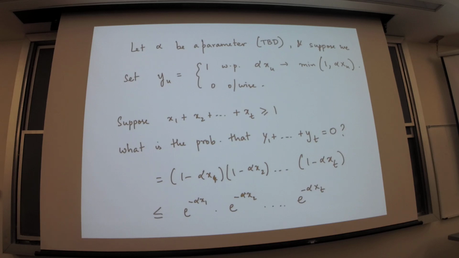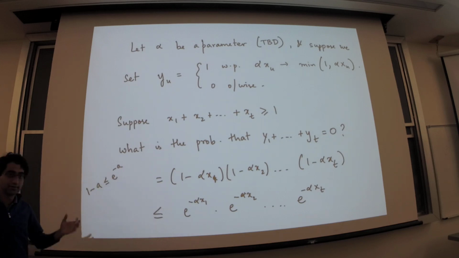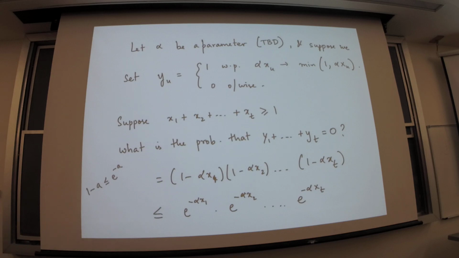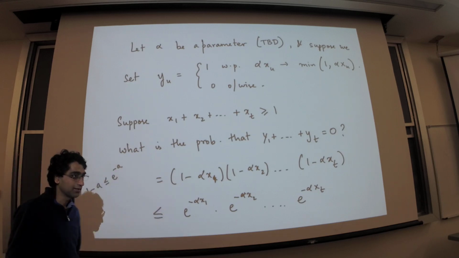This follows because 1 minus a is always less than or equal to e to the minus a. This is an inequality that we will always keep using. It's true for all a, positive, negative, anything. Okay, so this is what you've got.